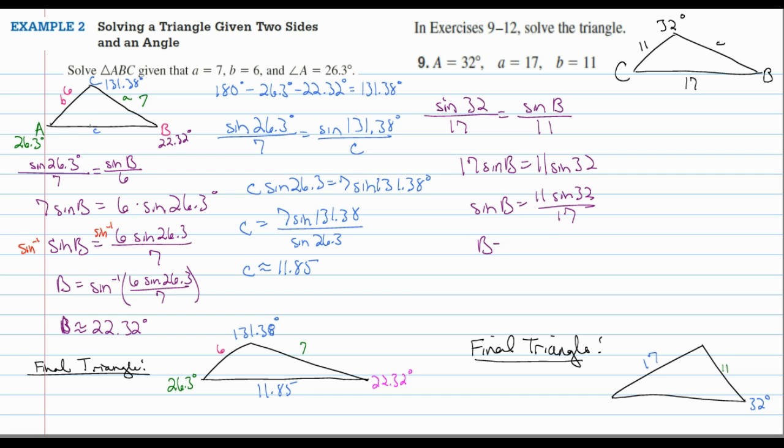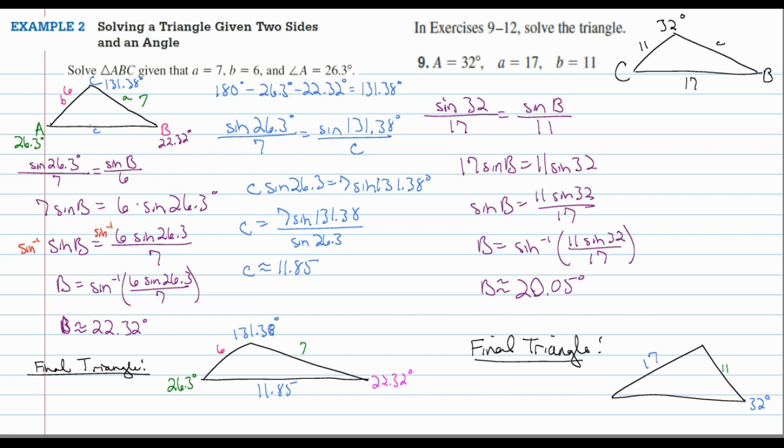After taking the inverse sine of both sides, B is going to be the inverse sine of 11 times the sine of 32 divided by 17. And in my calculator, I get that B is about 20.05 degrees, but I have stored that as a letter.